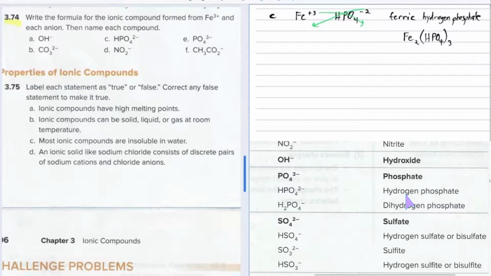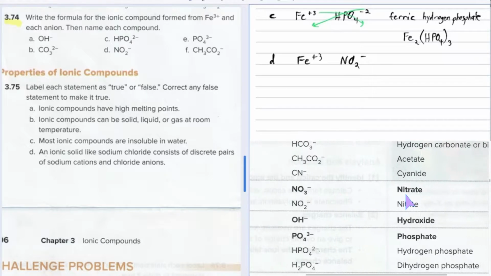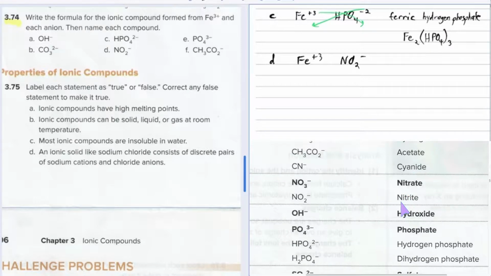And D, what do we got? Nitrite, NO2 minus, and that's Fe plus 3. So this is nitrite. It's under the nitrogen polyatomic ions, nitrates and nitrites. You find that kind of stuff in canned meat. They can be preservatives, but anyway, nitrite is what we're dealing with here.